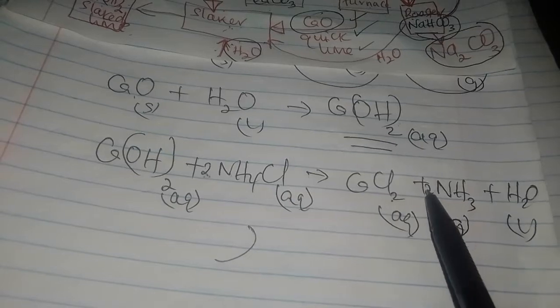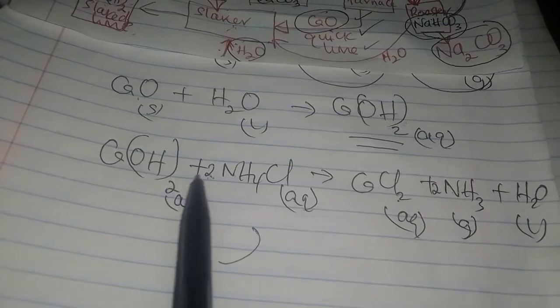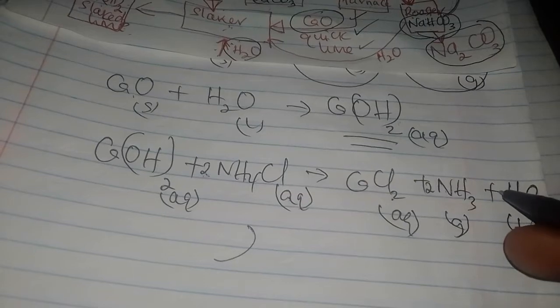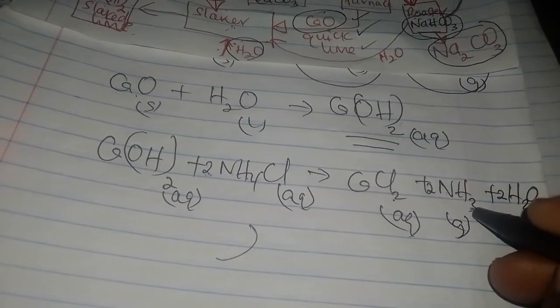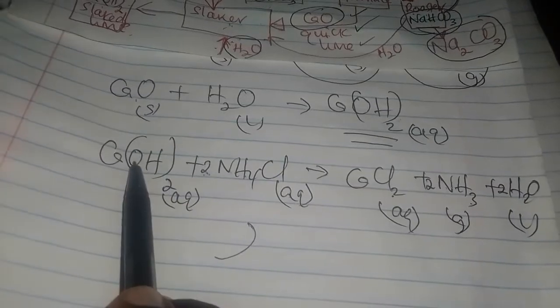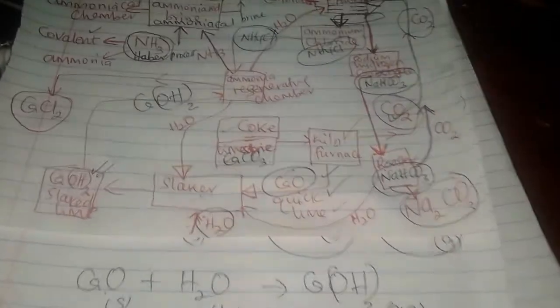So 2 nitrogen atoms, 2 nitrogen atoms. Then there are 8, then they are 2. So 8 plus 2. So 2 hydrogen atoms here, 5 hydrogen atoms here. There are 10. I'm supposed to put 2 here. So 2 times 3 is 6. 6 plus 4, that is 10. 2 oxygen atoms, 2 oxygen atoms. Great.